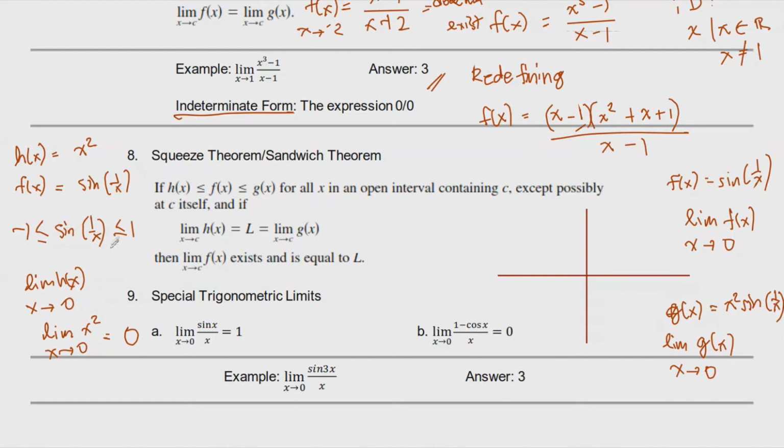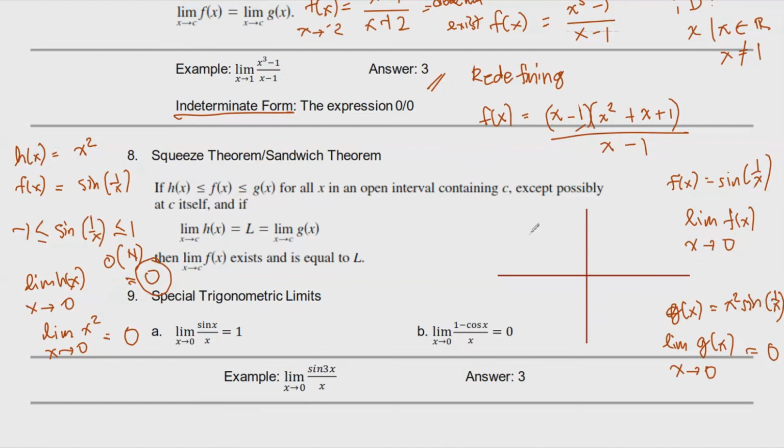So the answer should be 0 times any number that satisfies the condition, let's say we have n here, and that is equal to 0. So in this case, we have solved that the limit of g of x is equal to 0, since it is x squared times sine 1 over x.